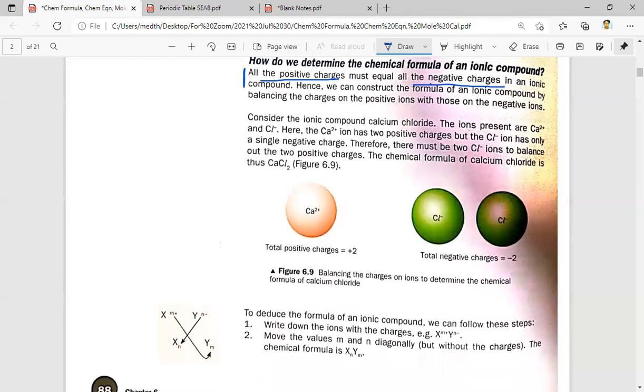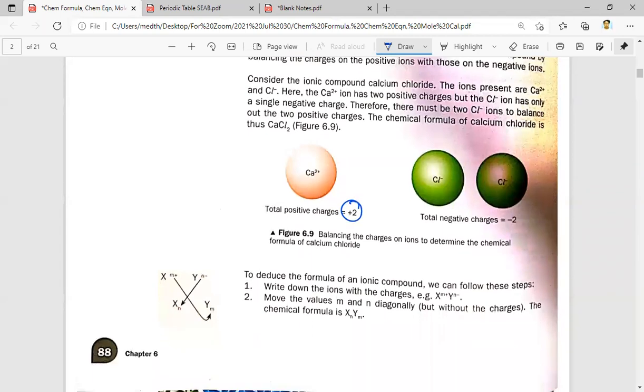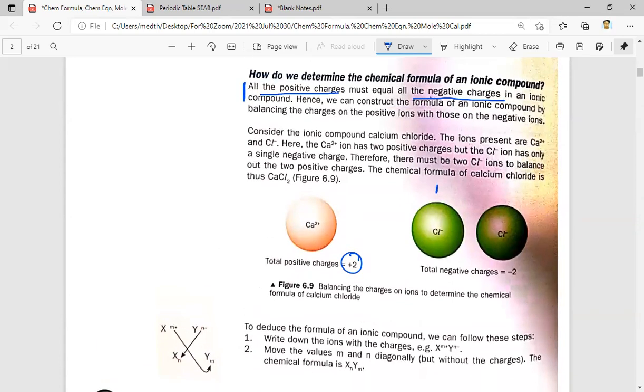For example, let's look at this. Ca2+, so the total positive charge is +2. Cl-, if I only got one of this, the total negative charge is -1. So it's not balanced. What I need is 2 Cl, so -1 over here, -1 over here, so that the total negative charge is -2.